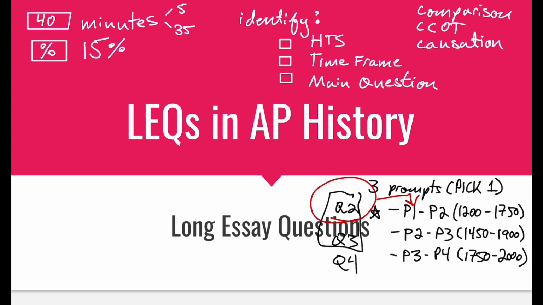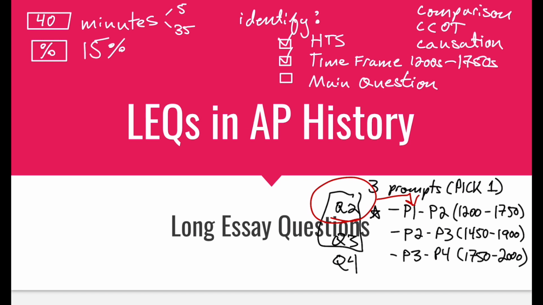Okay, once you've figured out what your historical thinking skill is for that prompt, then you've got to figure out the time frame. If you're answering question 2 for period 1 and period 2, then obviously the time frame is going to be from the 1200s to the 1750s. And when you're answering your prompt, you're going to want to make sure that you stay within that time frame.